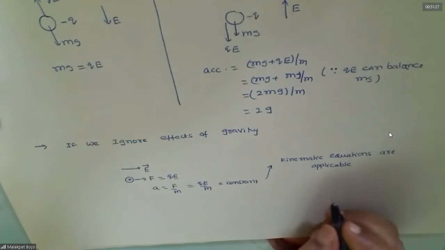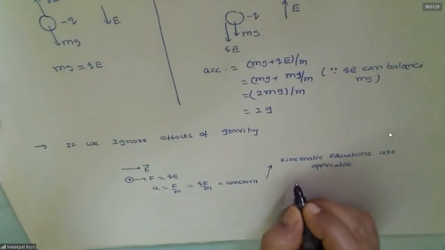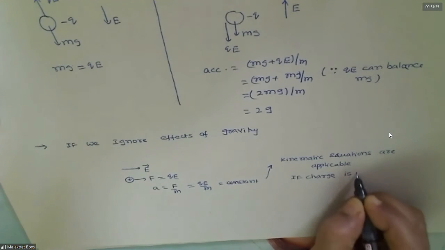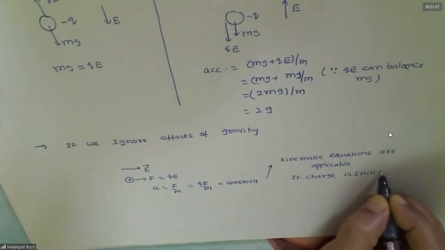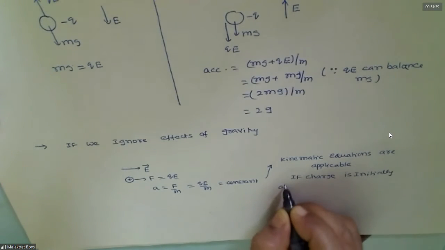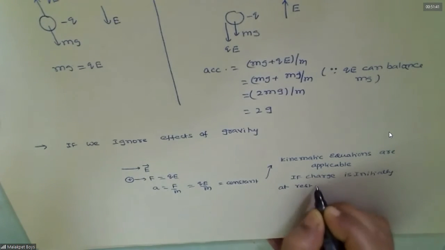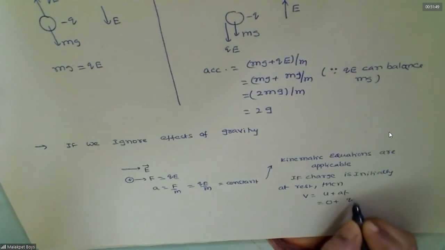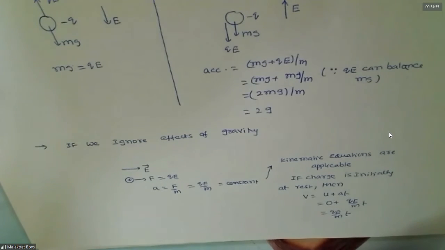Suppose the charge's initial velocity is at rest. Then velocity after time t is nothing but QE by m into t. Do you agree with this? Yes, agreed, sir.